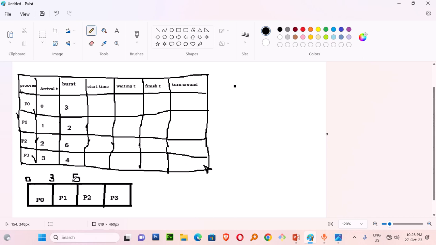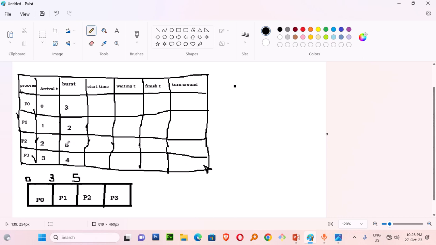Let's hope we're following. Maybe to elaborate again, P0 started at 0 and then it ended at 3. Then P1 started at 3, and remember it took 2 units of time. So when you add 2 and 3, you get 5. So you can just keep on adding. If P1 ended at 5, it means that P2 started at 5.